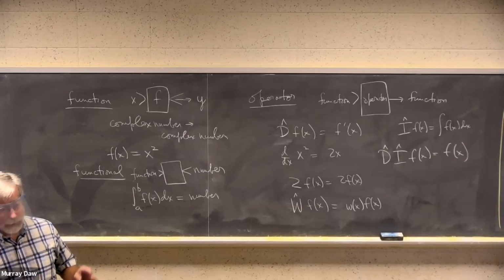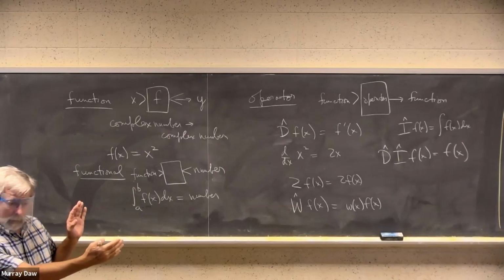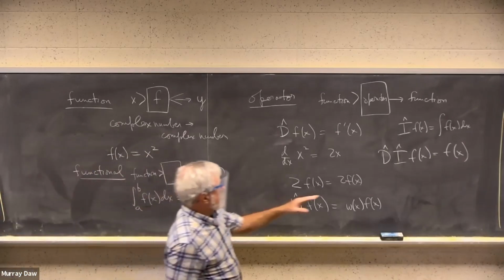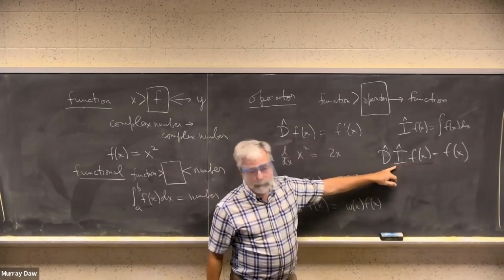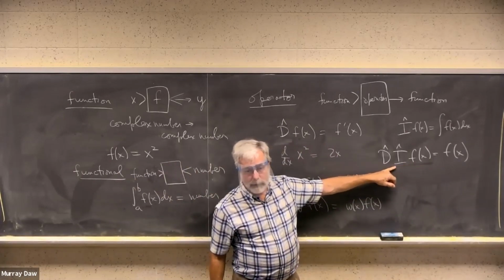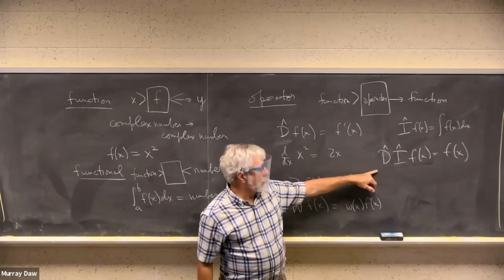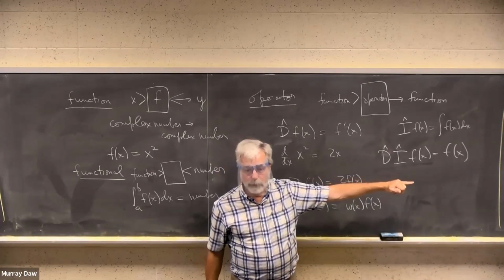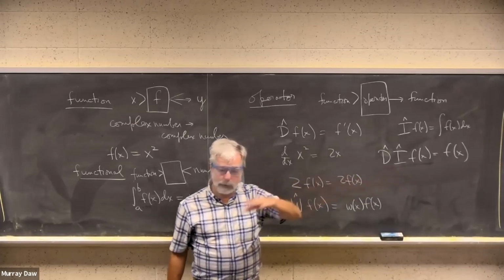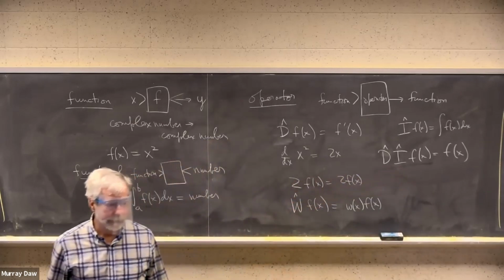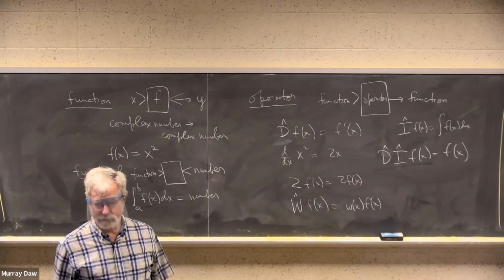It reads from right to left. So I have the function. It's going to be operated on first by I, and then the result of that is going to be operated on by D. And any function is going to be returned by this successive operation. First integrate, then differentiate. Okay.